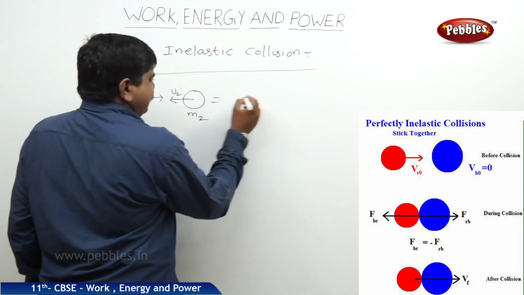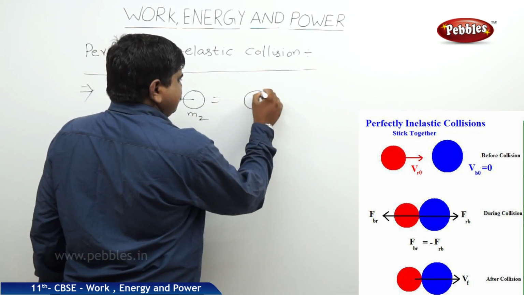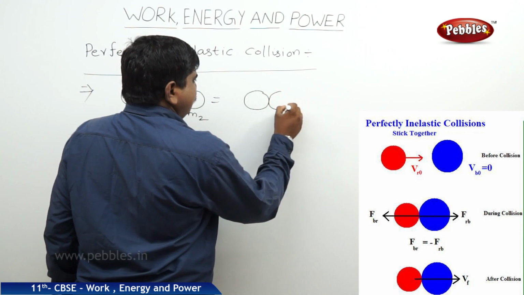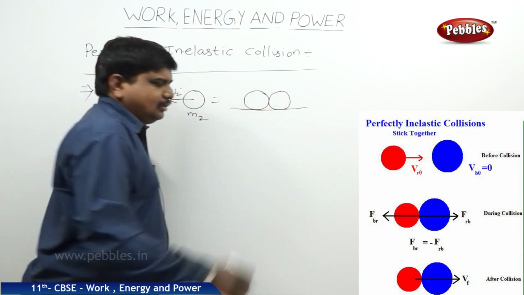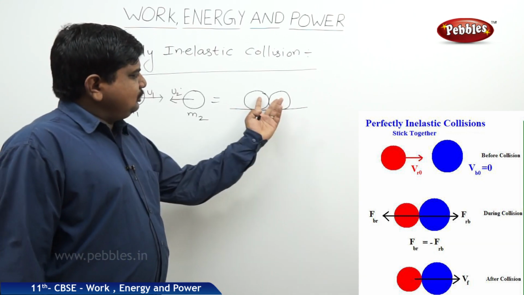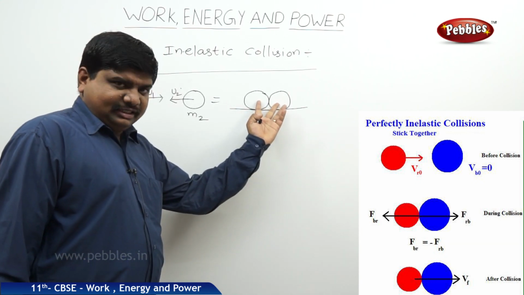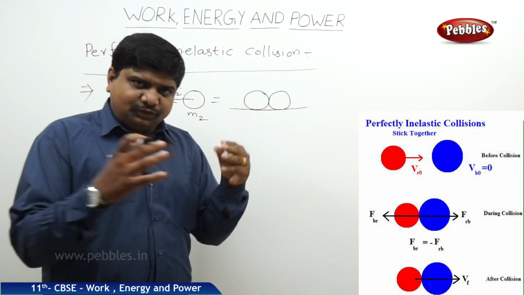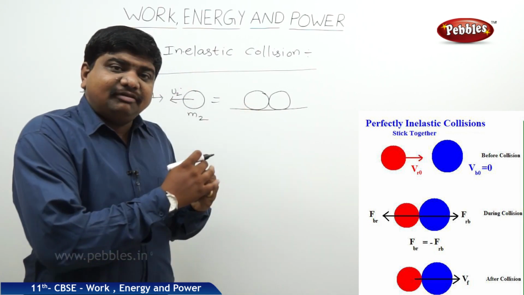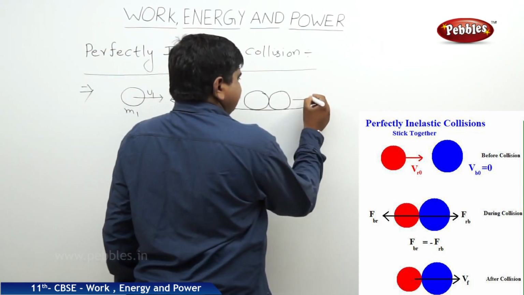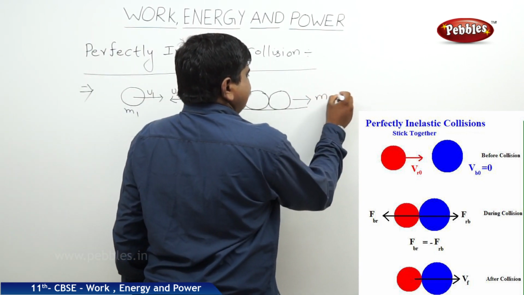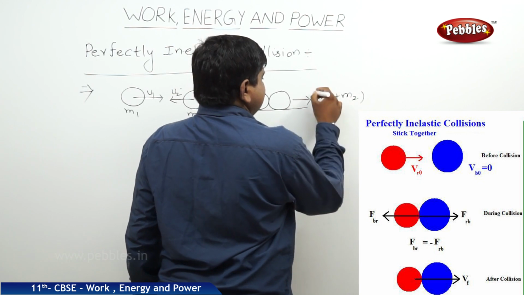While they collide like this, they completely stick on collision. After this collision, these two bodies will stick together and move with a common velocity in the forward or backward direction.